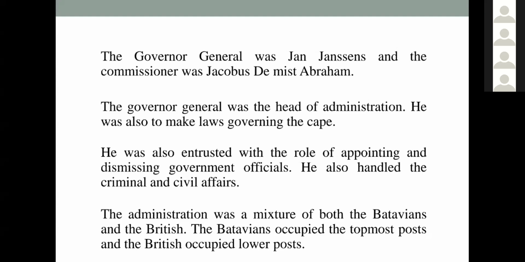So the governor general was the head of administration. He was also to make laws governing the Cape. He was also entrusted with the role of appointing and dismissing government officials. He also handled the criminal and civil affairs.